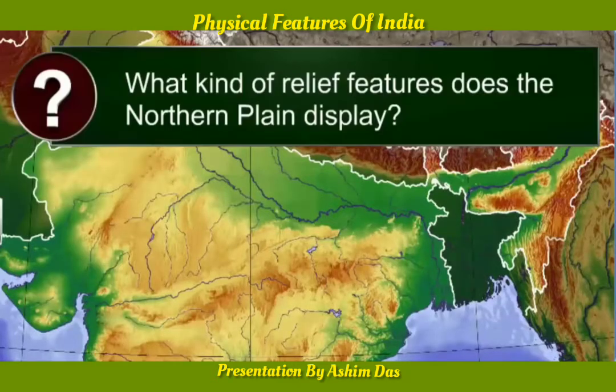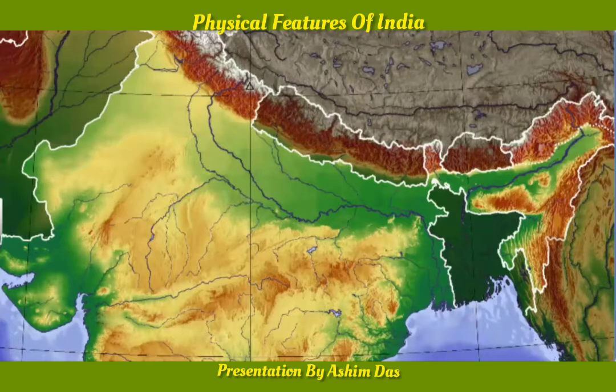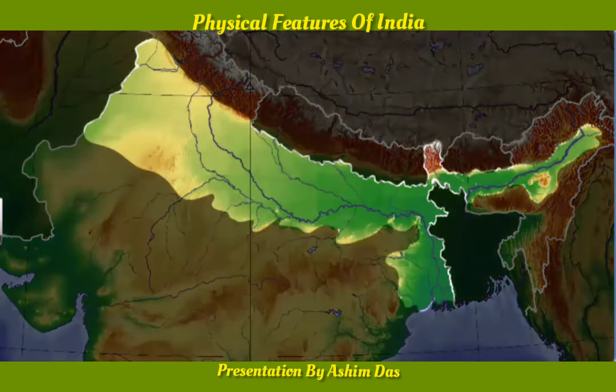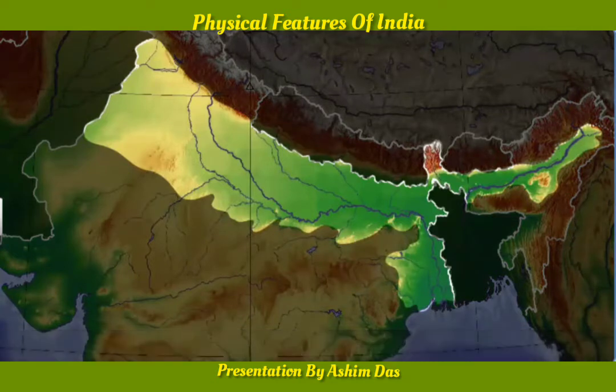What kind of relief features do you think the northern plain displays? People generally think of the northern plain as a region that has uniformly flat land all across. That's not quite true. You can find quite a bit of variety of relief features in the northern plain.